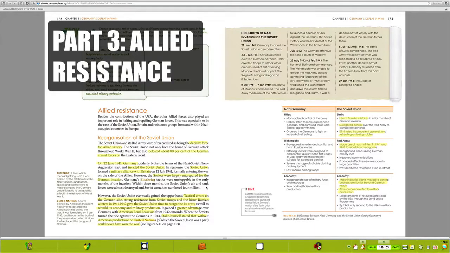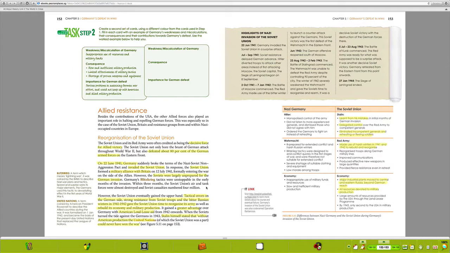Okay, this is part 3 on chapter 5, Germany's defeat in World War II. We have already covered America's entrance into World War II with its contribution of vast resources and manpower, as well as its collaboration of military strategy contributing to the defeat of Germany.